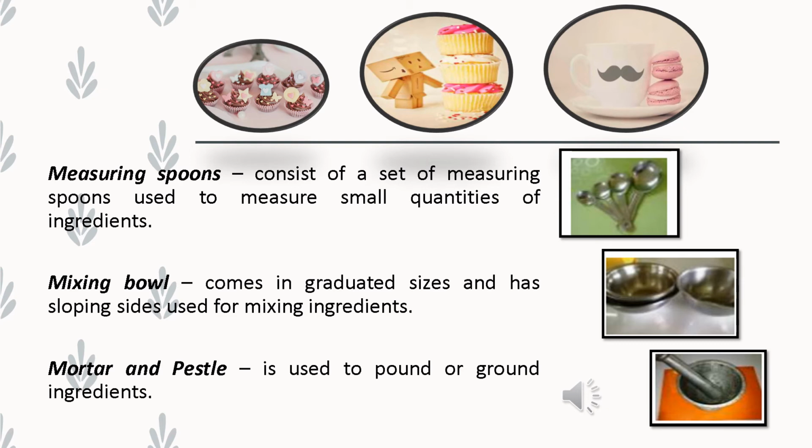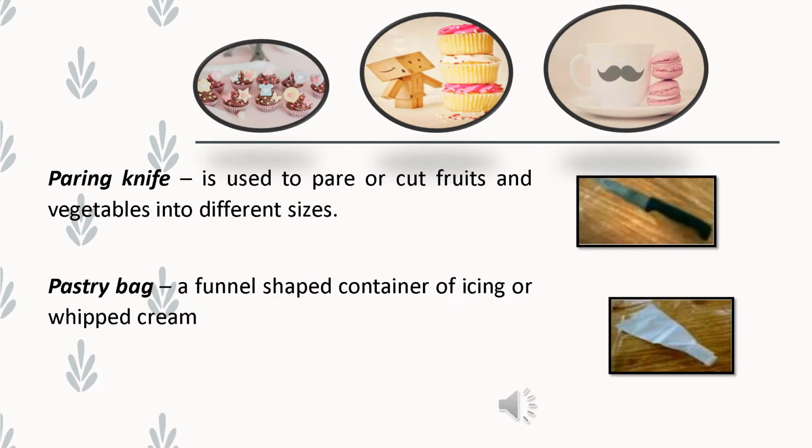Mortar and pestle is used to pound or grind ingredients. Paring knife is used to pare or cut fruits and vegetables into different sizes. Pastry bag is a funnel-shaped container used for icing or whipped cream.